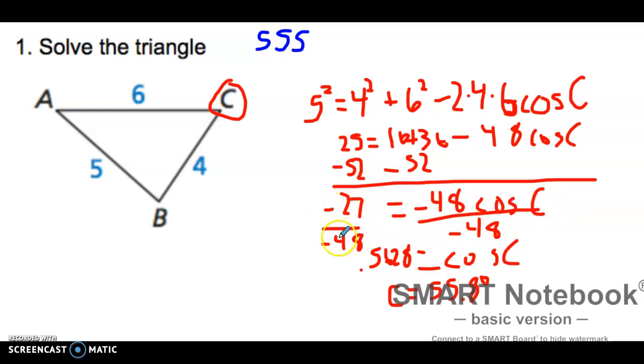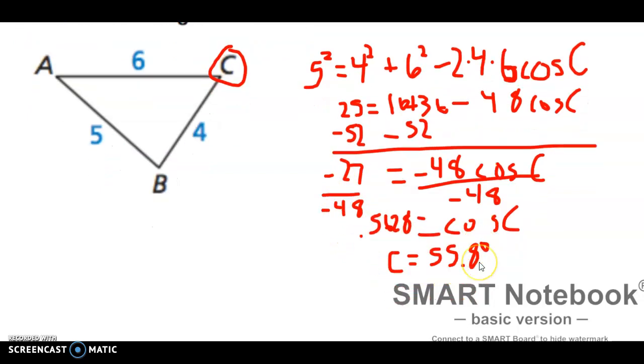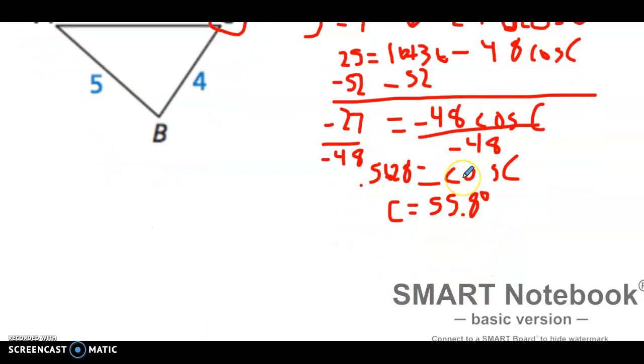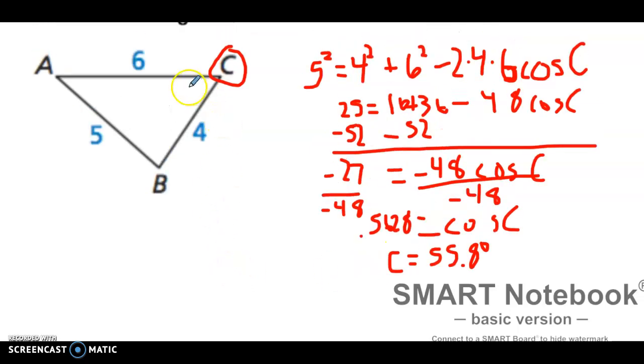Negative 27 divided by negative 48 is 0.5628, and that's what the cosine of C is. So I take the inverse cosine of 0.5628, and I get C is equal to 55.8 degrees. So that is now C.